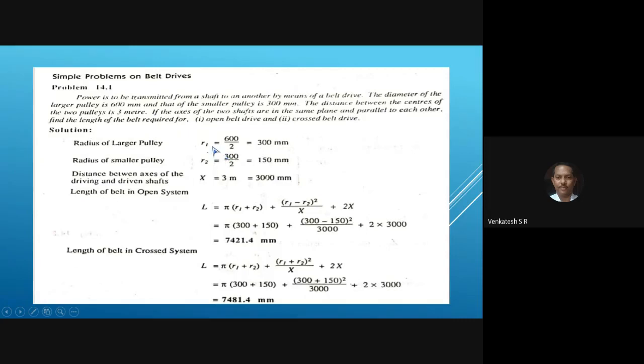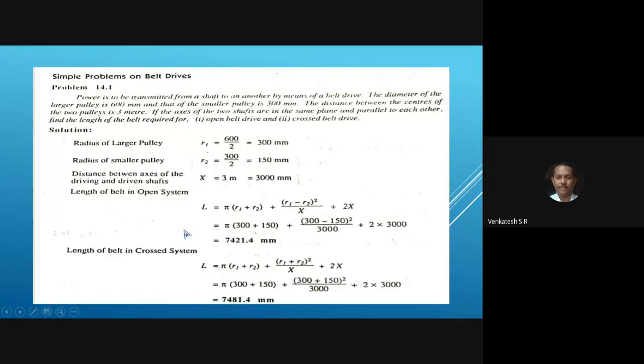Substitute the values of R1, R2, X in the equation. Pi into (300 plus 150) plus (300 minus 150) whole square divided by 3000, plus 2 into 3000.